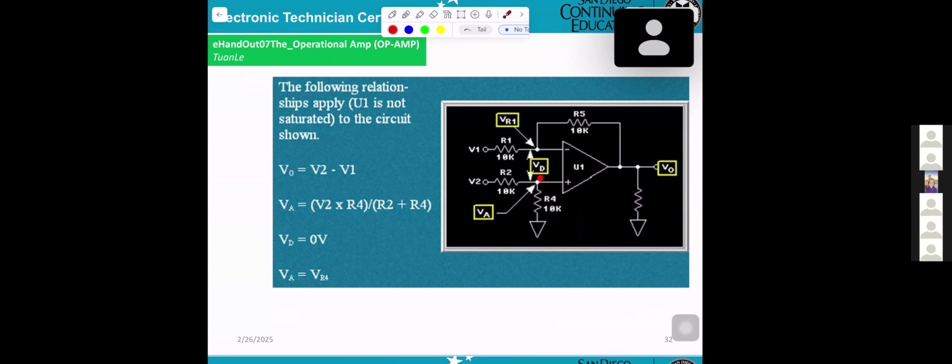Vout equals V2 minus V1. VA, that means right here, voltage divider. VD, that means the difference between the two inputs, will be zero. And VA equals 4. That means input impedance.